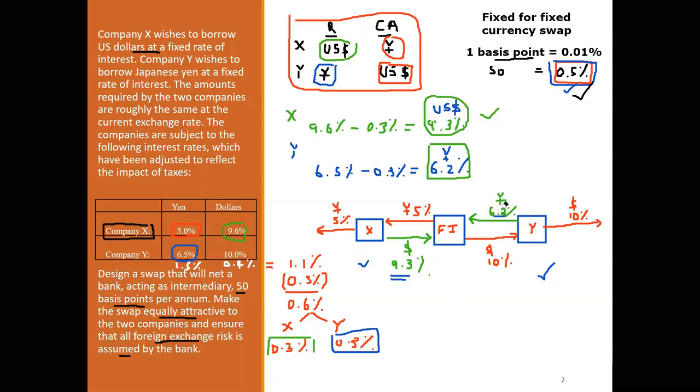If Y agrees to bear the exchange rate risk, how can you design the swap? Can you attempt it on your own? If Y agrees to bear all of this exchange rate risk, then the cost of Y, what can you say?